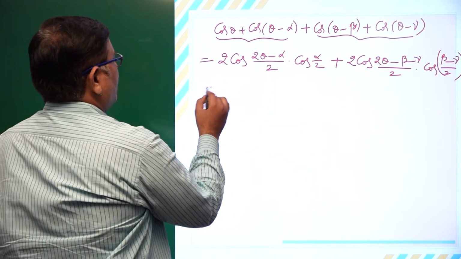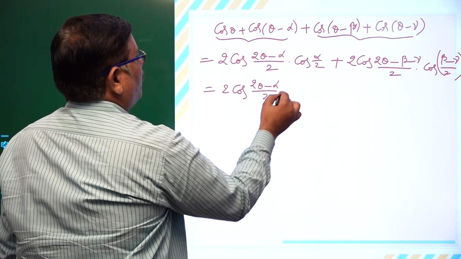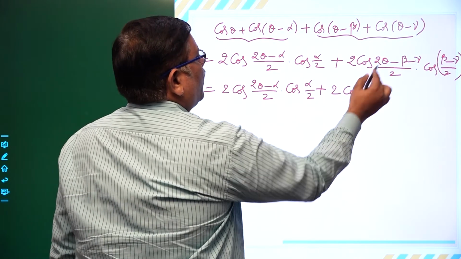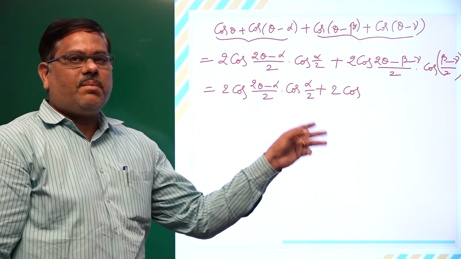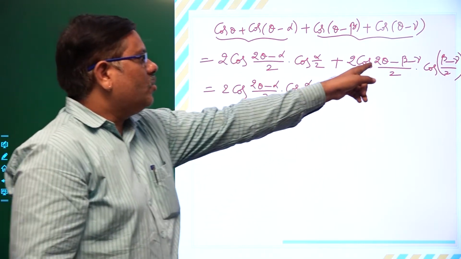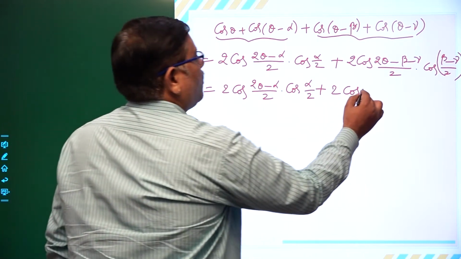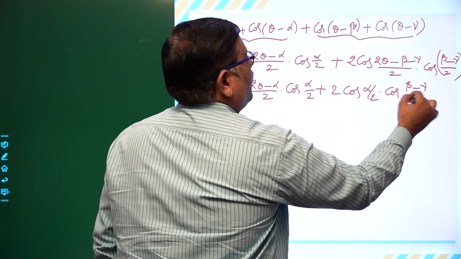That is otherwise 2 cos((2 theta minus alpha) by 2) into cos(alpha by 2) plus 2 cos((2 theta minus beta minus gamma) by 2)... What is 2 theta minus beta minus gamma? We are given that alpha plus beta plus gamma is 2 theta, so 2 theta minus beta minus gamma becomes alpha for us. So it is simply 2 cos(alpha by 2) into cos((beta minus gamma) by 2).